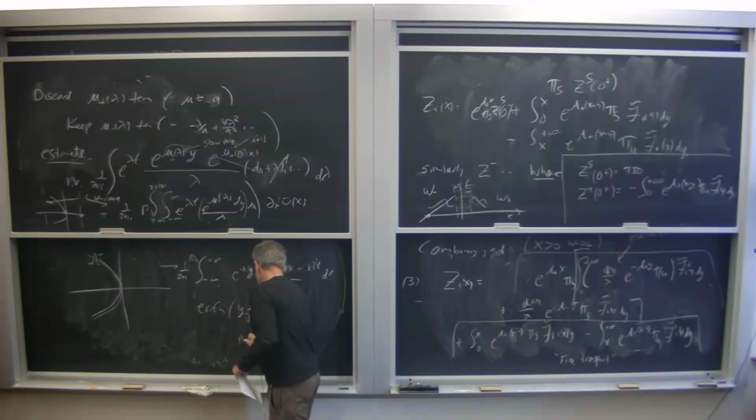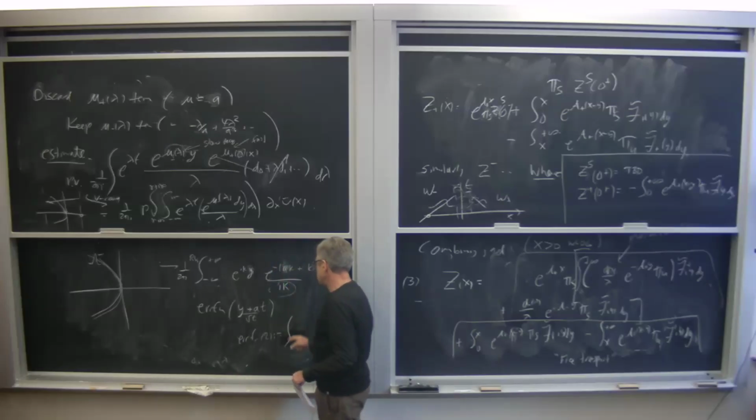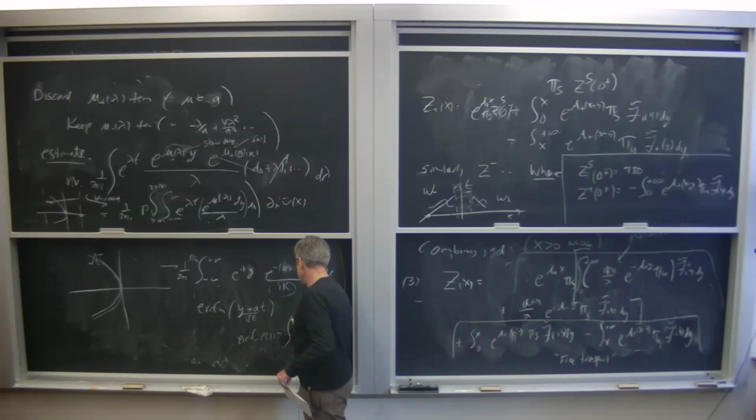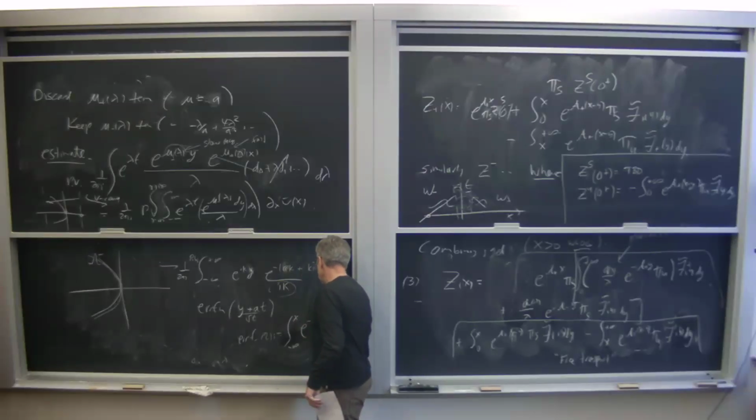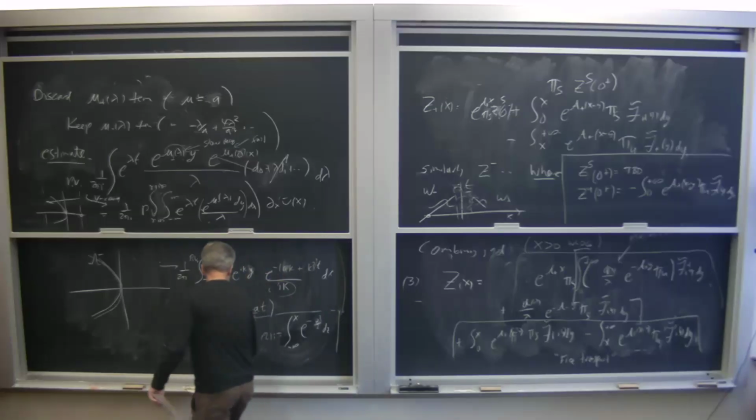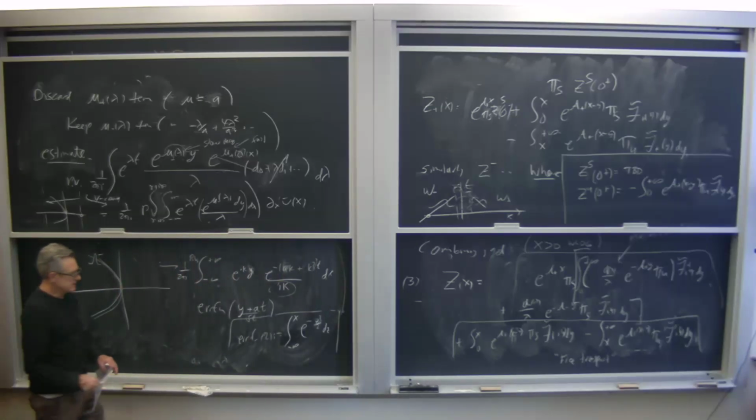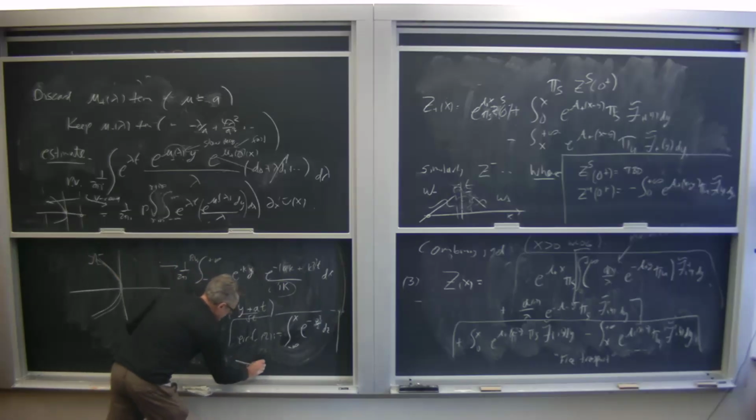An error function defined as the integral from minus infinity to x of e to the minus z squared over 2 dz, since I want this to go to 0 at minus infinity. So it looks like 0 to the left and then 1 to the right.